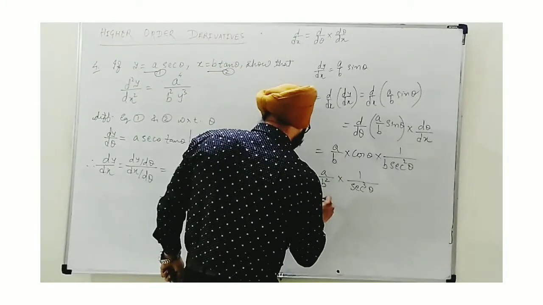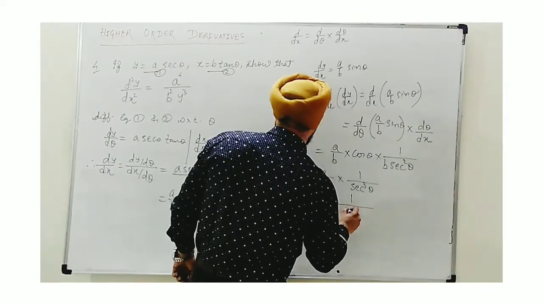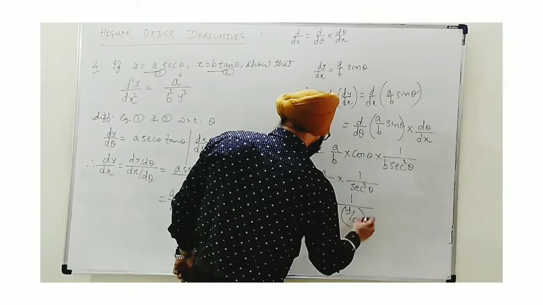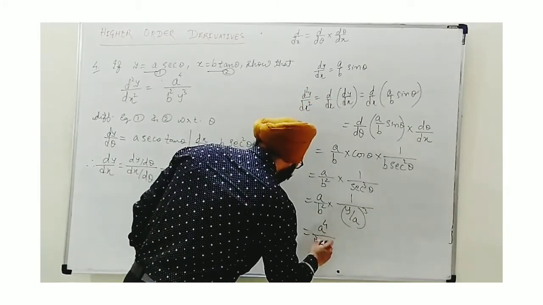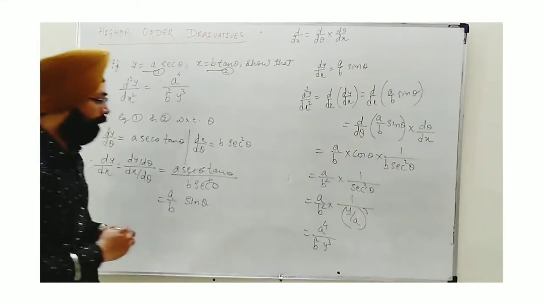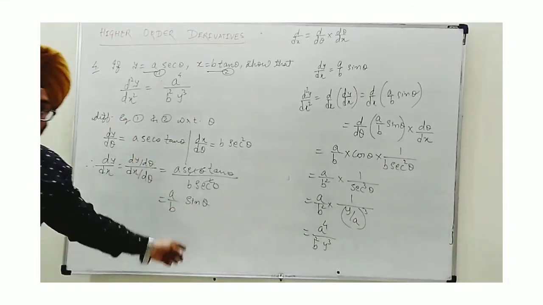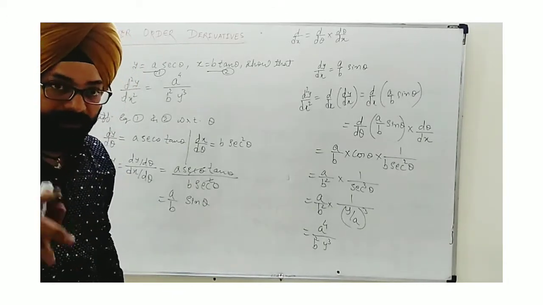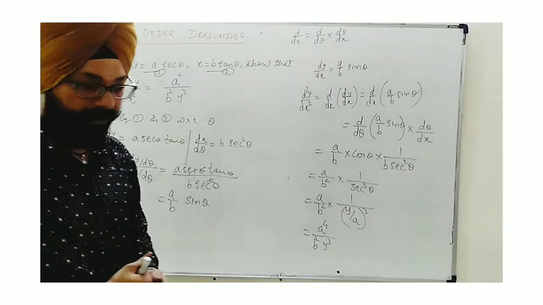So this will become a upon b square into 1 upon y upon a whole cube, and simplifying we get a to the power 4 upon b square y cube. This way we have done what is required. So this was the first question in the module based on parametric function. That's why be careful whenever you are solving such questions. Next question we'll see now.